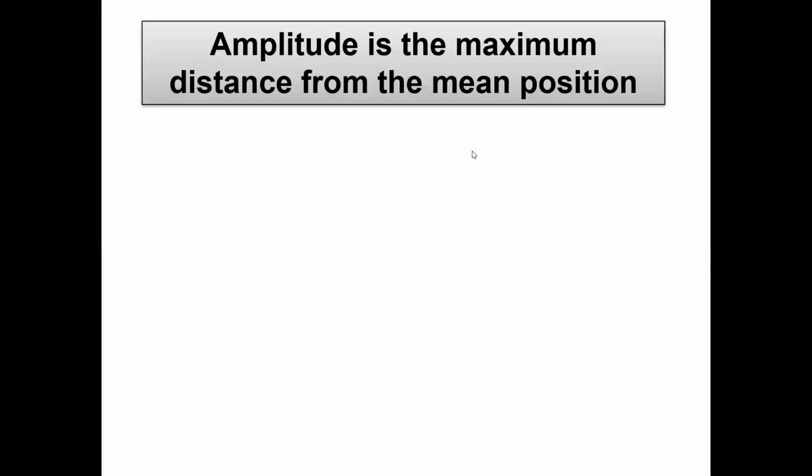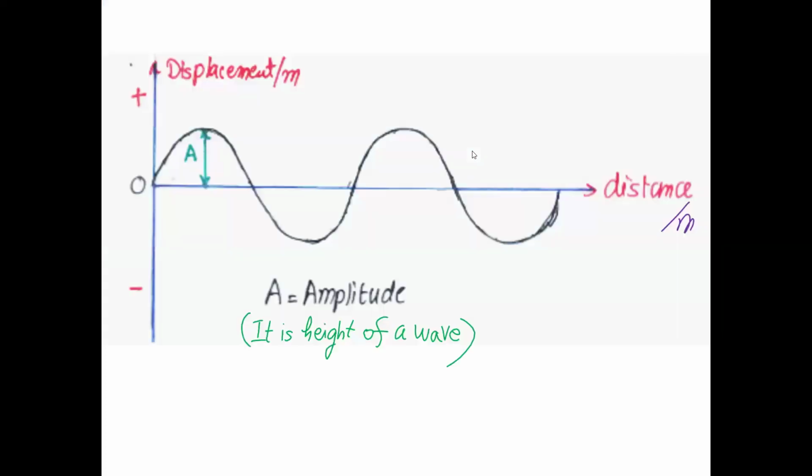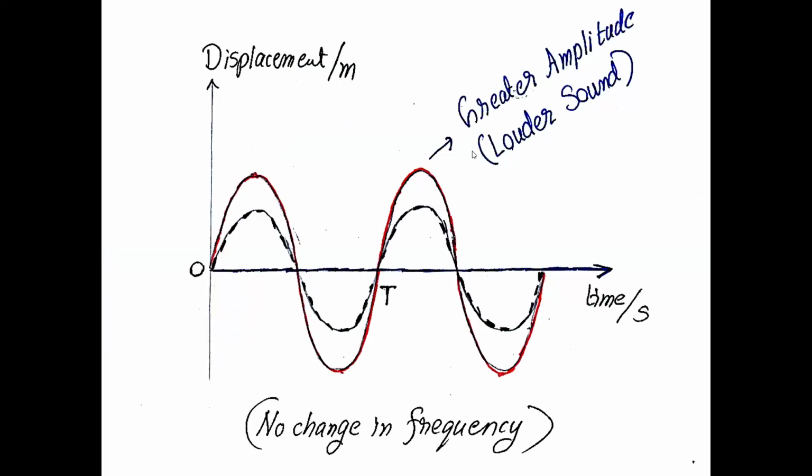Amplitude is the maximum distance from the mean position. Look at this diagram. Amplitude is the height of a wave. So when a wave travels, it is the height, like the signal, how big the signal is. So look at this signal.